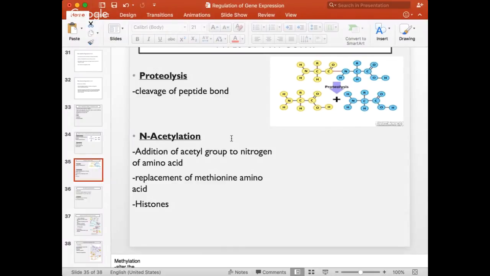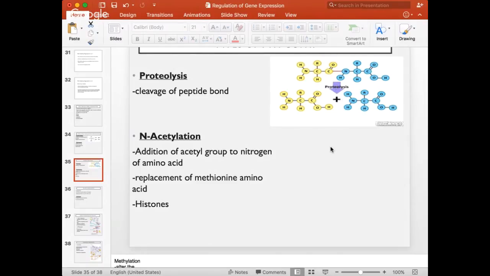Cleaving of peptide bonds also helps the protein fold in the correct way. Shown in the figure, you can see the breaking of the carbon and nitrogen bond between two amino acids by proteases.